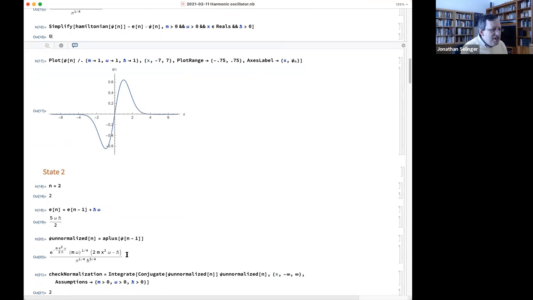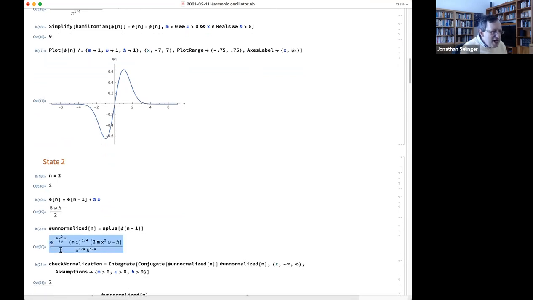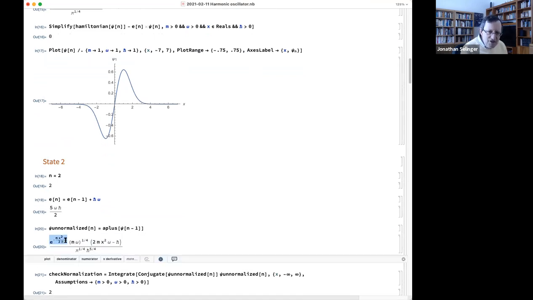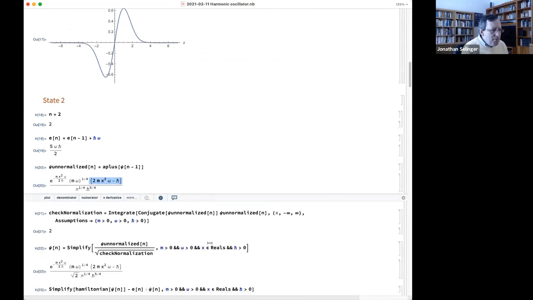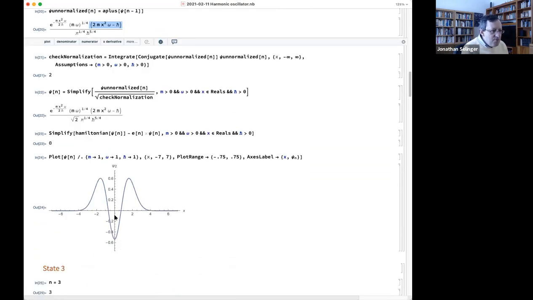You can see then that the wave function looks like the same exponential factor times a quadratic polynomial, right? So something times x squared minus a constant. And the plot of that looks like this, right?